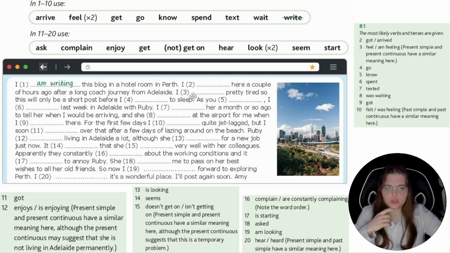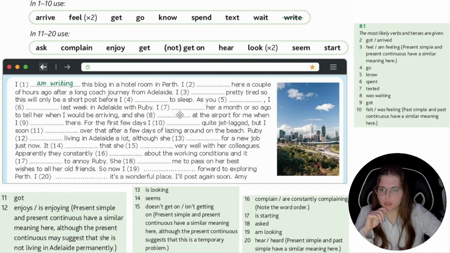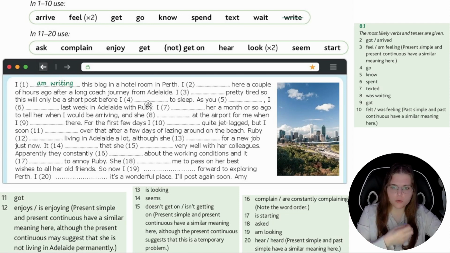First of all, I feel if it's a state verb, but if I want to emphasize that it is very, very tiring and I'm extremely exhausted, then I can use I am feeling with almost the same meaning. This will only be a short pause before I go to sleep.